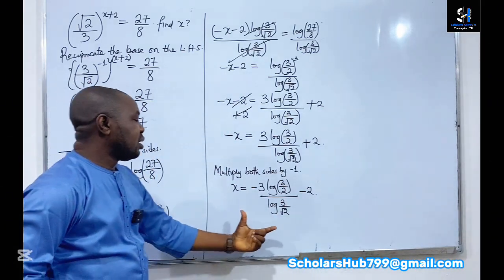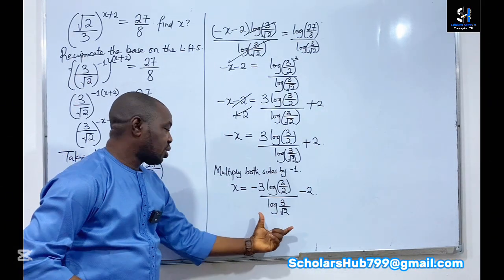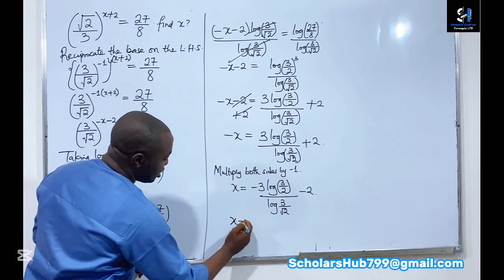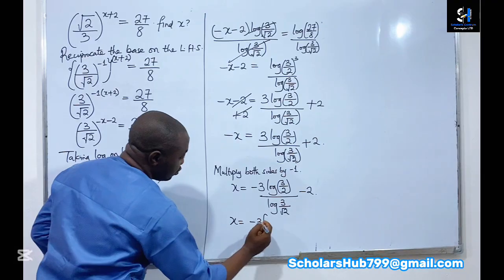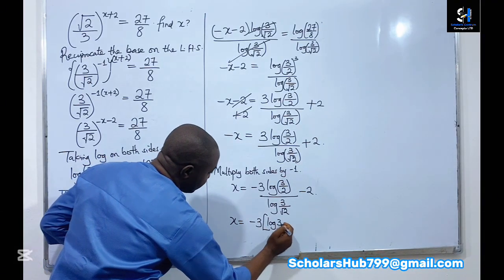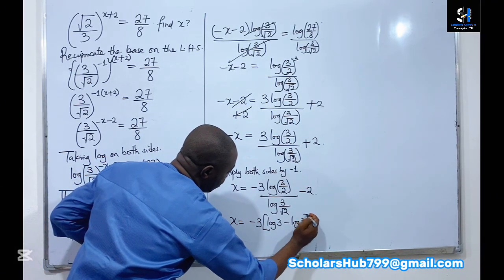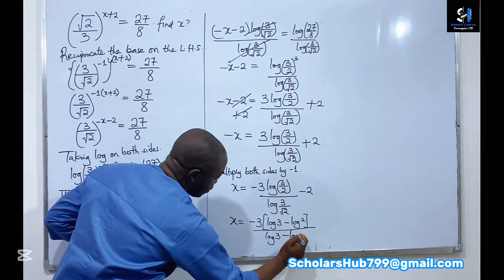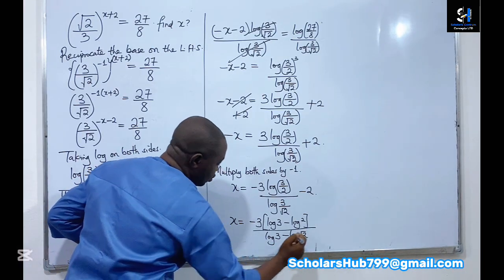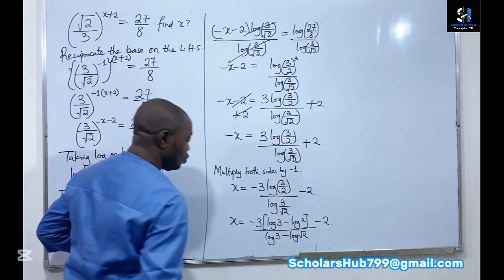We can leave our answer this way. Another way to simplify: x equals negative 3 times (log 3 minus log 2) divided by (log 3 minus log √2), then minus 2.